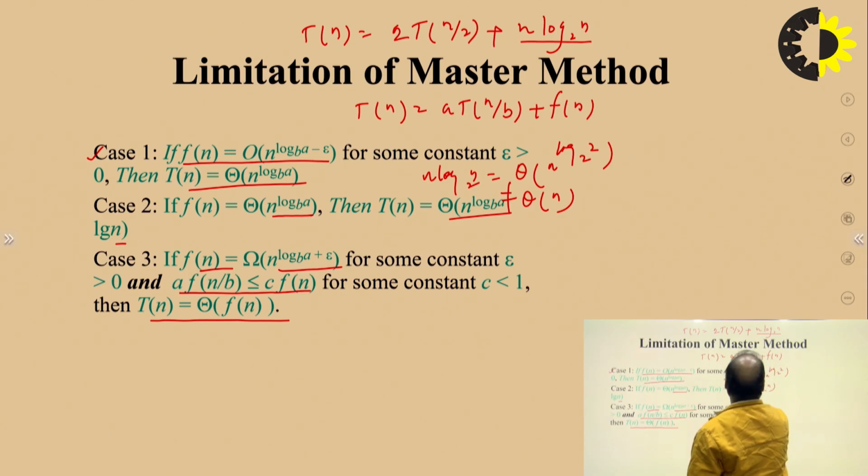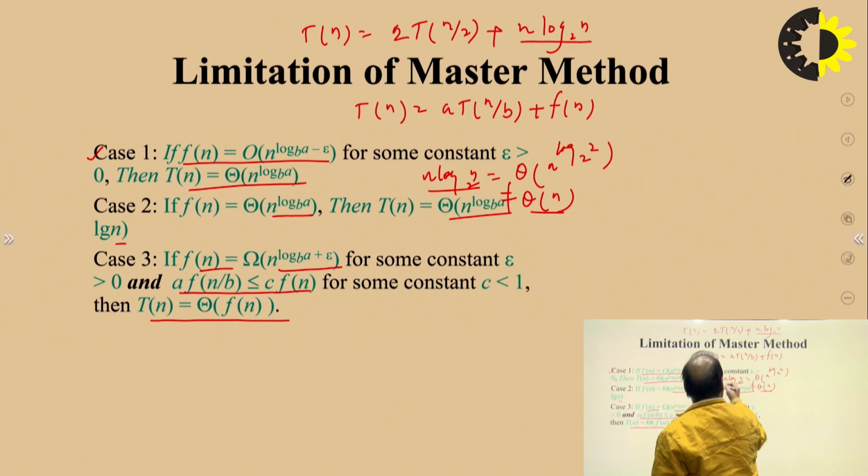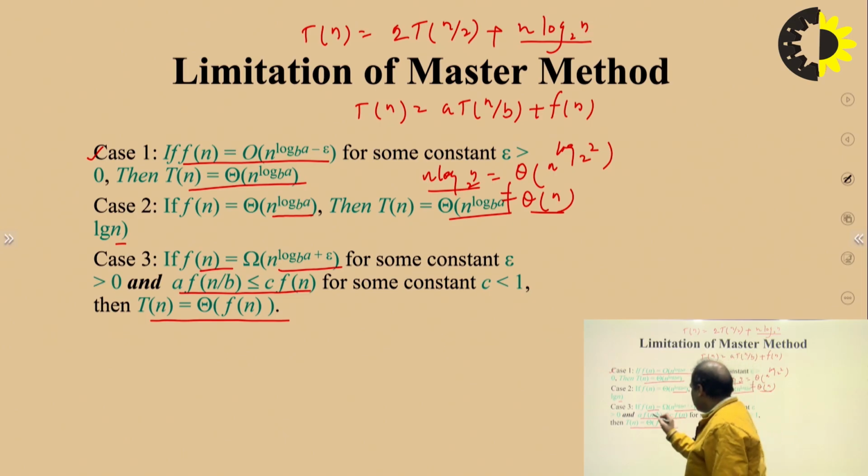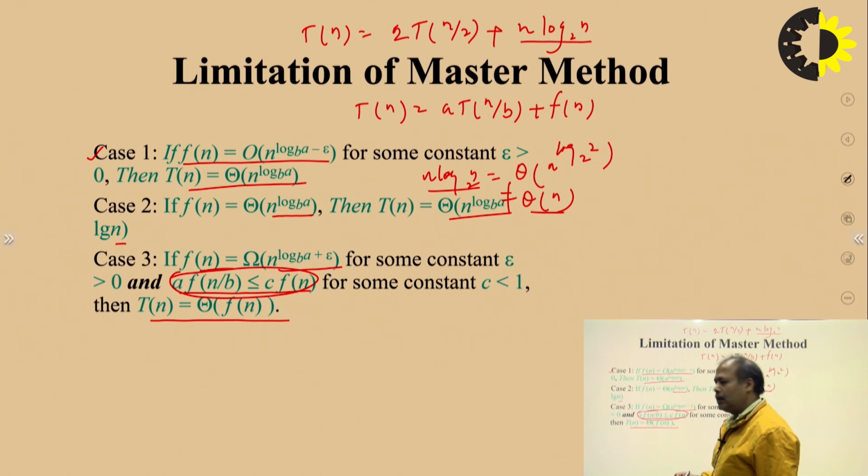Case 3 seems to be applicable, since n log n is greater than this, but whenever you compute the regularity condition, it will fail. So all of cases 1, 2, 3 fail for this type of recurrence.